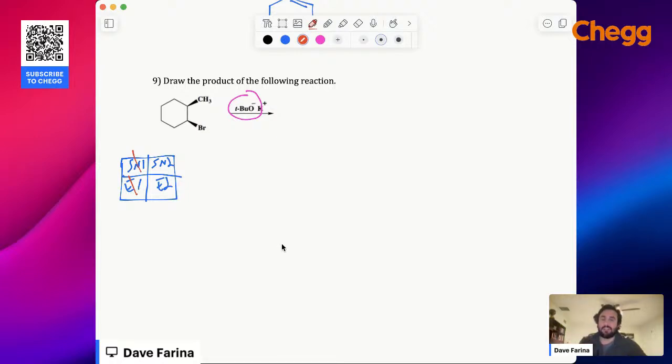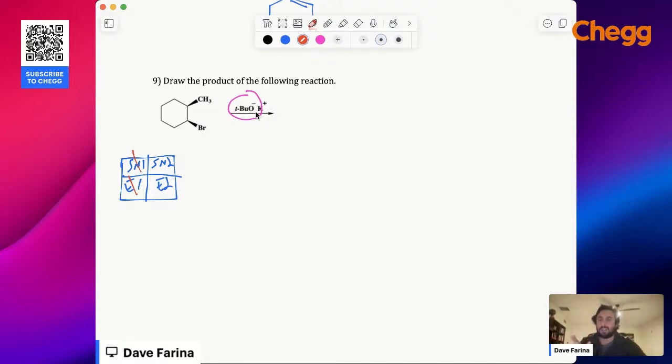Once we've done that, now let's look at sterics. What is the sterics on the right? Could it do SN2? Well, according to the substrate, it could. It's secondary. There's beta branching, but not too much. So if it was a hydroxide, maybe it could do it.